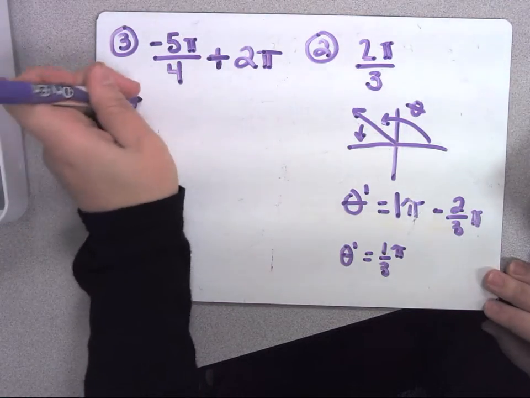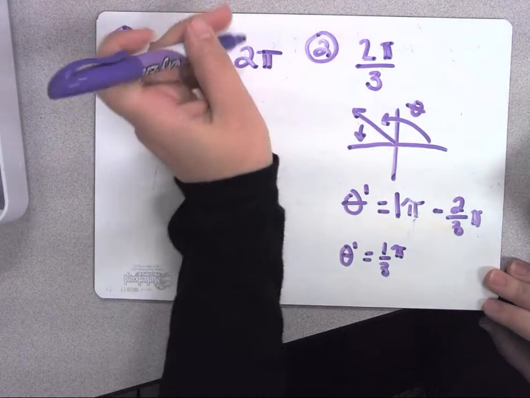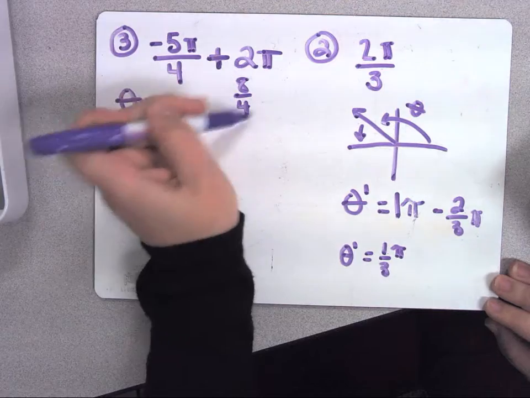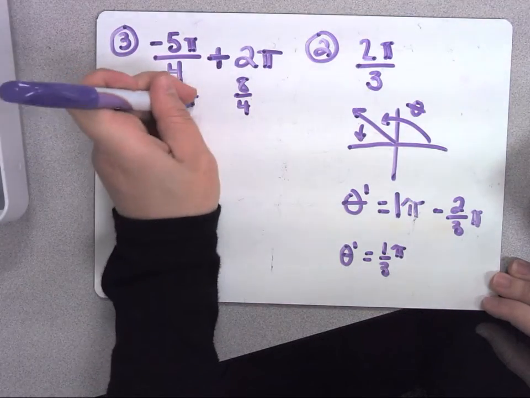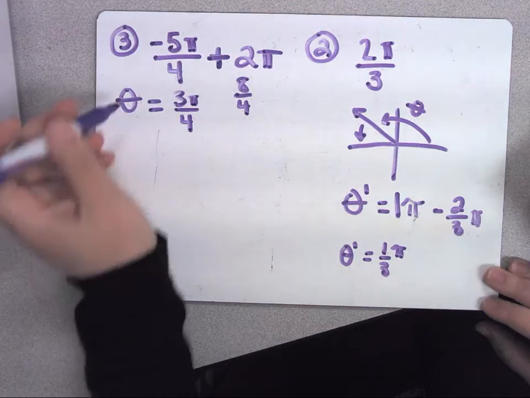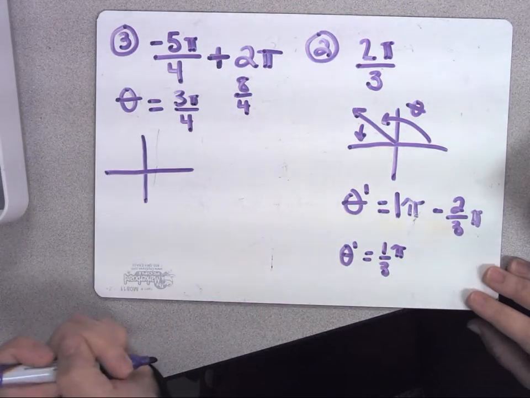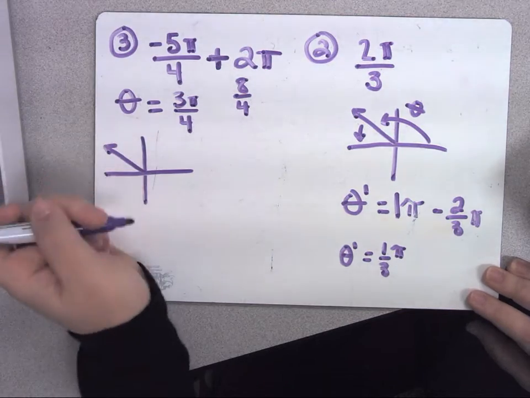So theta is actually how much? 2 pi is really 8 pi over 4. What is 8 of them minus 5 of them? Yep, so this is 3 pi over 4. That's your actual theta. What quadrant is that in? Second still, because it's bigger than a half.